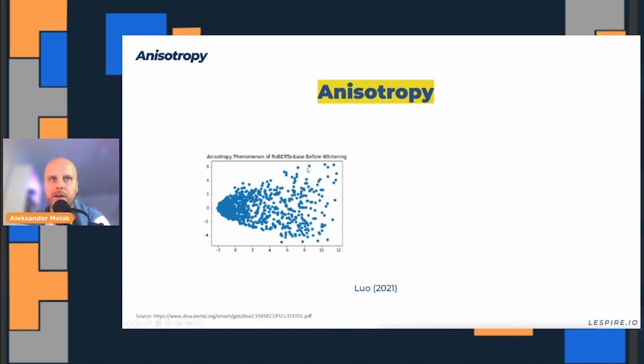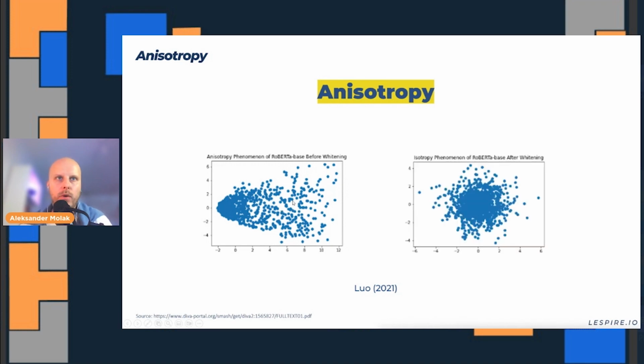Each point here might represent either a word or a document, right? When we do certain transformations to these embeddings, we can get much closer to something more spherical and more isotropic. This comes from a paper by Luo from 2021, and here they used whitening. This is one of those transformations.